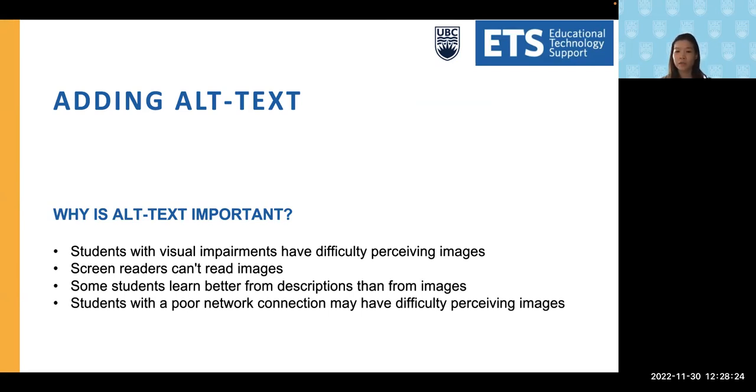So it benefits students who learn better from the text than from images. And in some cases, an image doesn't show up or can't be downloaded when a student has a poor network connection. And so then the alt text will still be able to convey the message to the student if it's available.